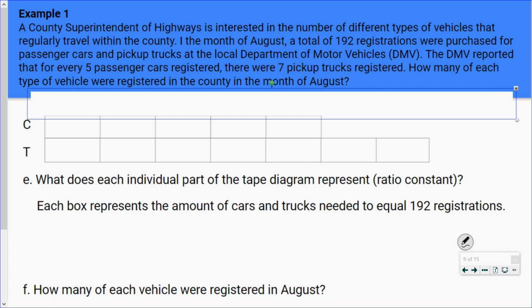So can anybody tell me how we get the ratio constant with the numbers that we have? We're looking for the total number of trucks and the total number of cars that will give us 192. Anybody know how we would figure that out?